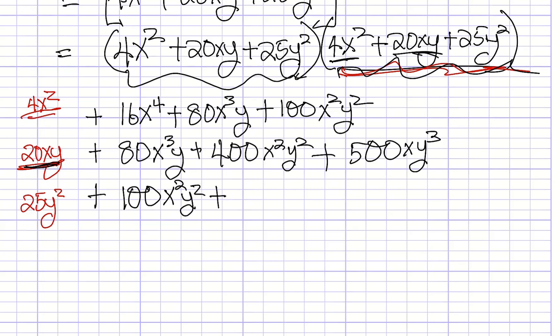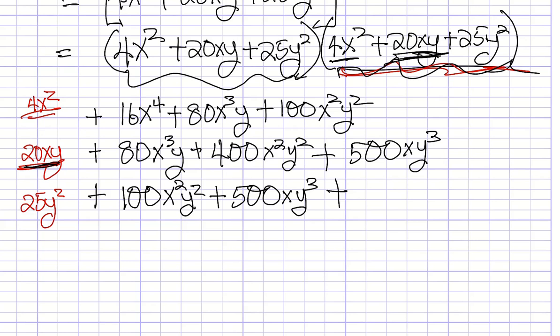So you have to be just patient and systematic, and then you should be fine. Then you do 25y squared, multiply that one. You get 25 times 20. What is that? That's 500. What are the variables? The variables are x and then y raised to power 3.